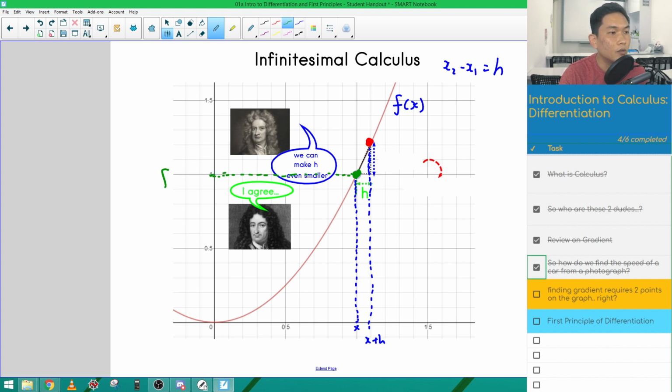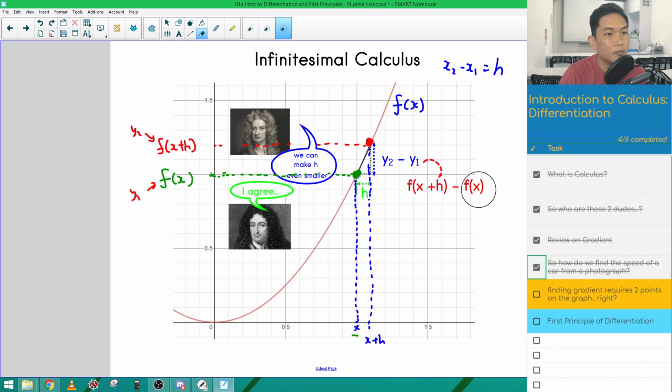It would be whatever the function is, you substitute the value, which is x, inside here. And then for this one, we just need to substitute the input equal to x plus h. So this will be y2, and this is your y1. Okay, so let's copy that down.